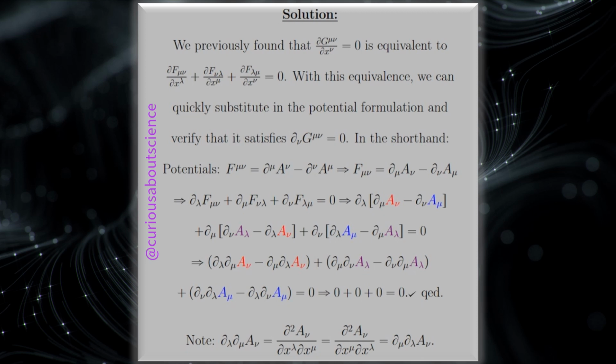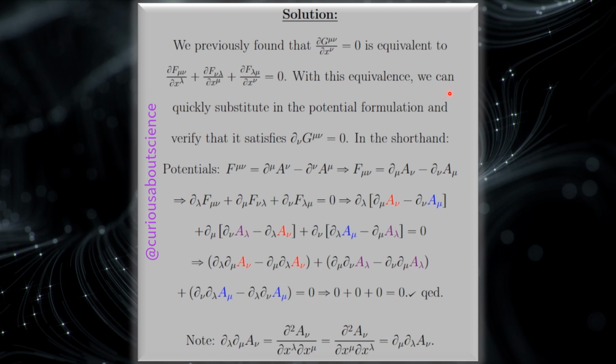All right, so we previously showed that this derivative of the dual being 0 is equivalent to this expression here. In fact, I think it was in problem 12.54. That being said, we can use this result and start tidying things up with it.